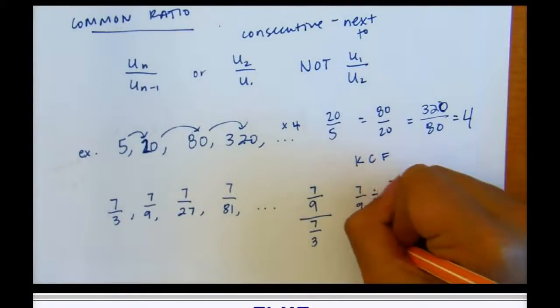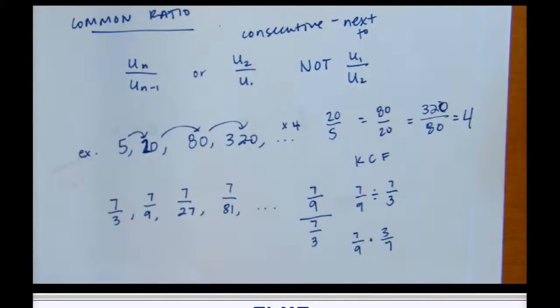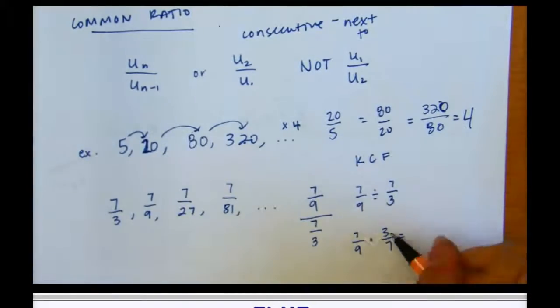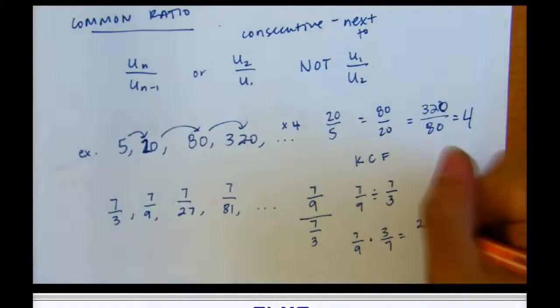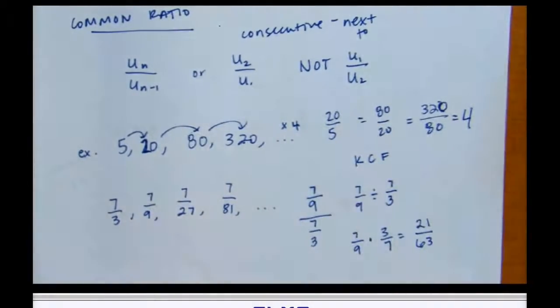Fantastic, 3/7. When I'm multiplying fractions, how do I multiply them? If you answered multiply straight across, you are correct. So this will be 21/63.